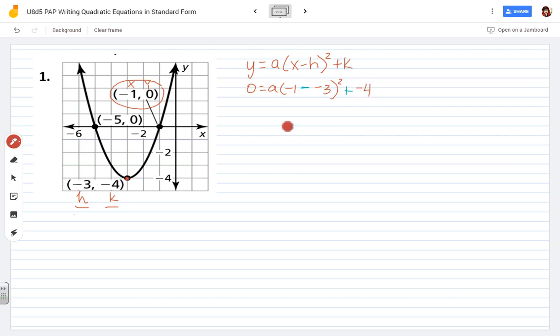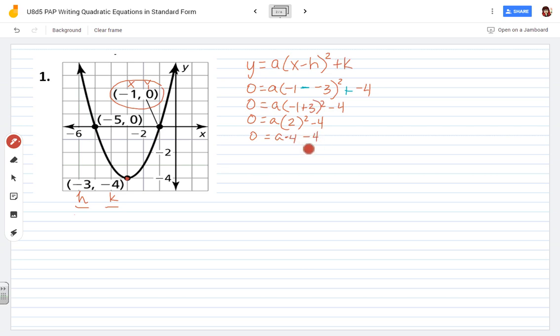Let's go ahead and clean it up a little bit and solve for a. I got a lot of negatives there. So -1, negative times a negative, +3. Positive times a negative, negative. Okay, 3 minus 1, 2. 2 squared, 4.